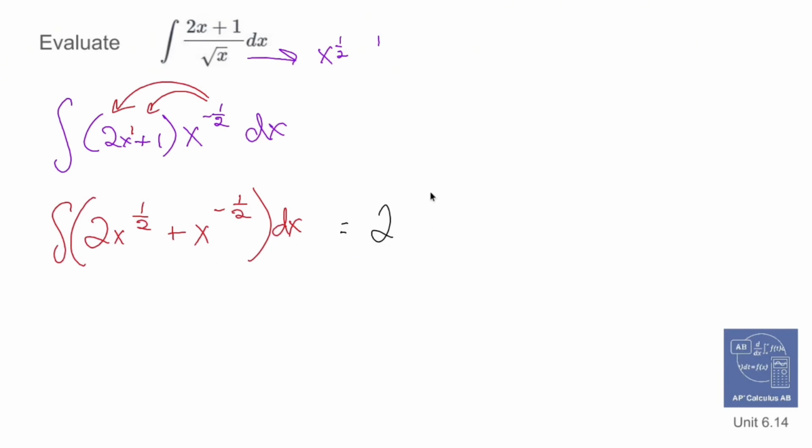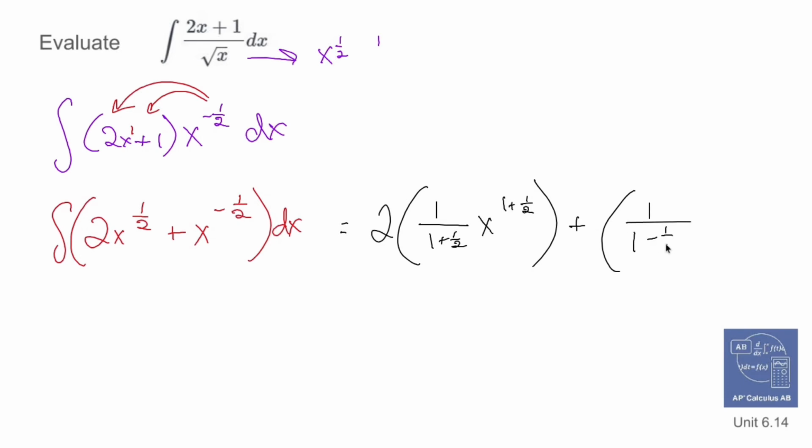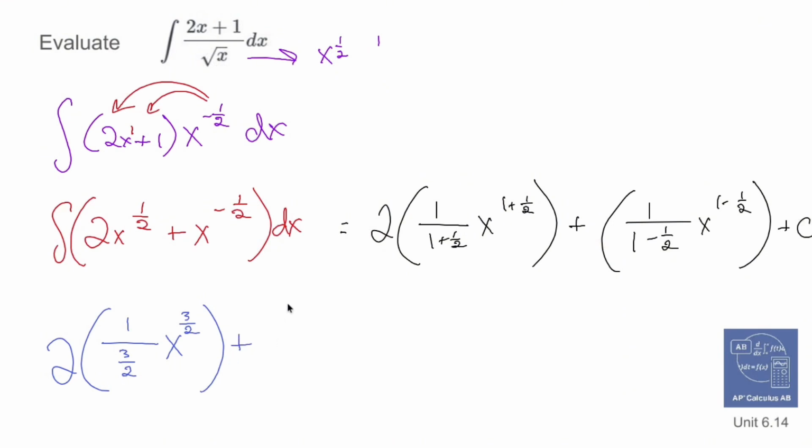So 2 just kind of lingers. You would be 1 over 1 plus 1/2 x to the 1 plus 1/2, right? You would be 1 over 1 minus 1/2 x to the 1 minus 1/2 plus arbitrary c, of course, can't forget that. So the 1 on the left ends up being 2 times 1 over 3/2, I'll clean that up in a little bit, x to the 3/2 plus 1 over 1/2 x to the 1/2 plus c.